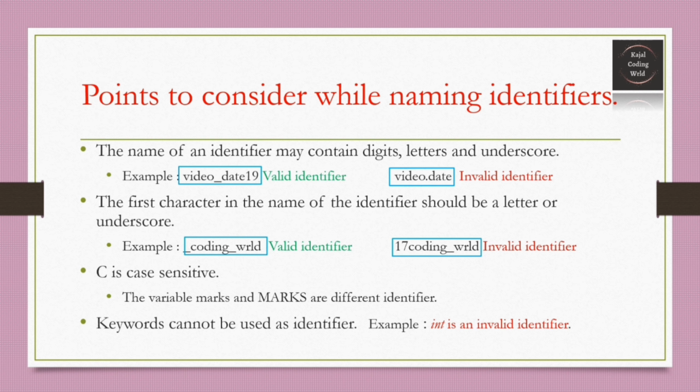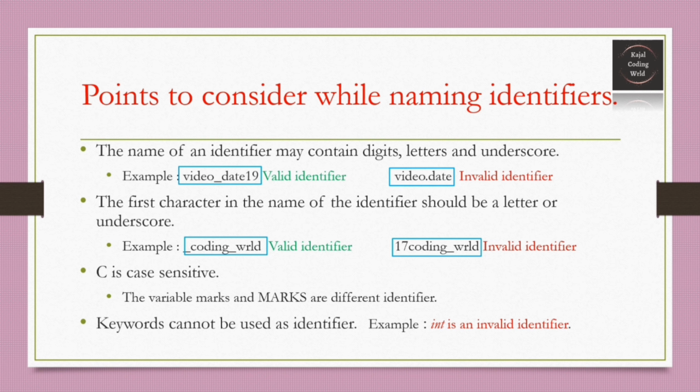The first character in the name of the identifier should be a letter or underscore. For example, _coding_world is a valid identifier. Rather, 17coding_world is an invalid identifier, because in the first rule we read that the first character should be an alphabet.